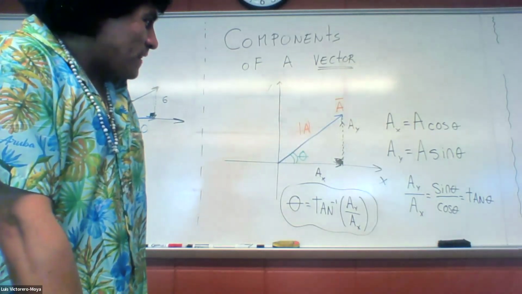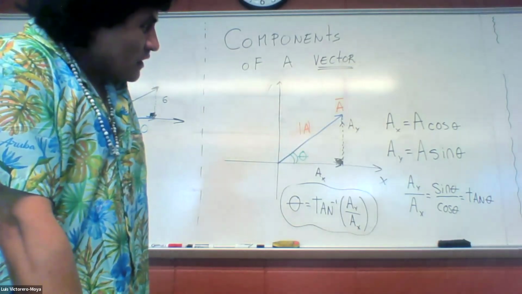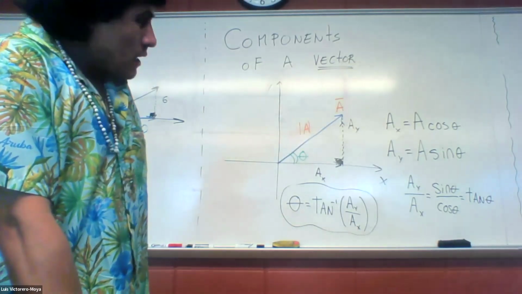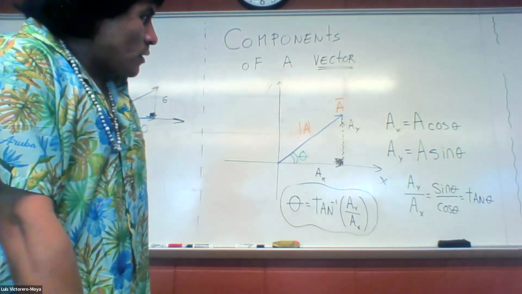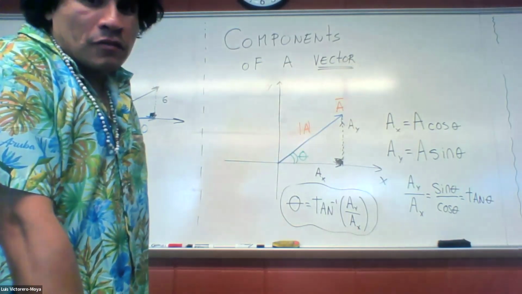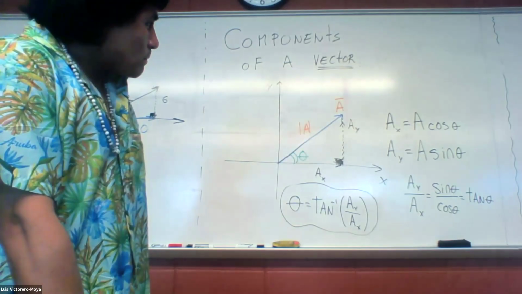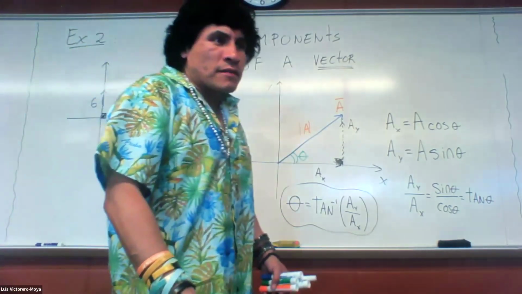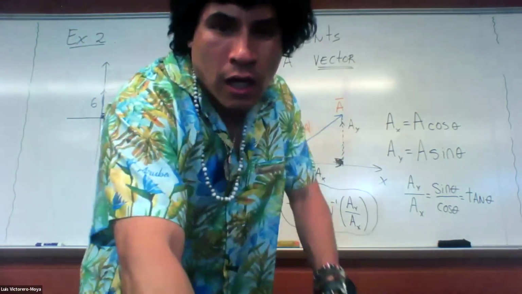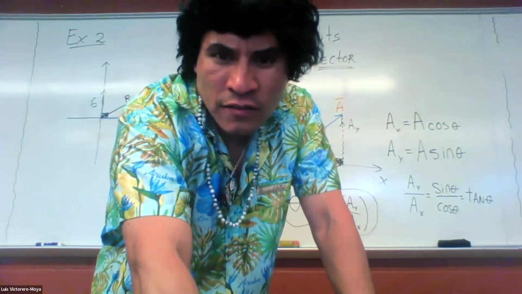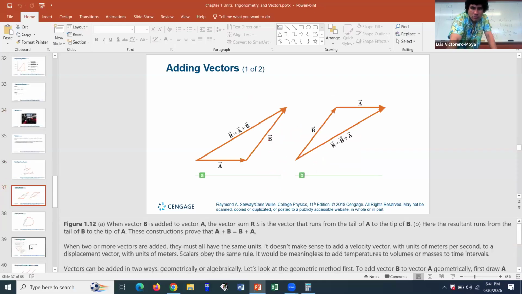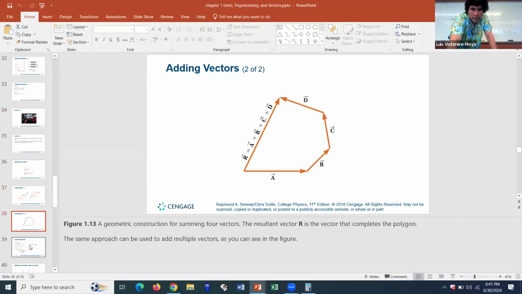So that's how you find the direction of a vector in the X and Y plane and the components of the vector A in this case. All right. Let's use numbers and do an example. Let me show you where you can find this in here, like what we discussed in vectors that we did.